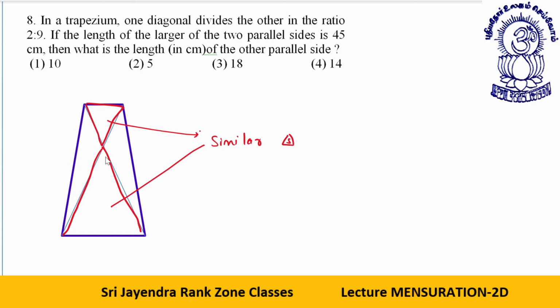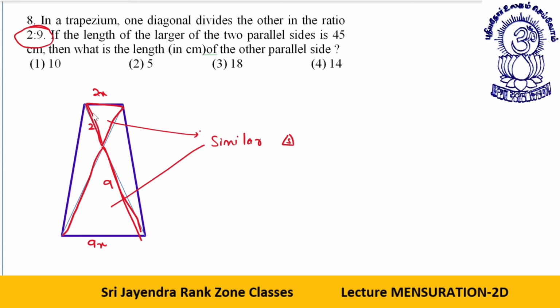Let's say this diagonal divides this diagonal in the ratio 2 is to 9. So the corresponding sides are in the ratio 2 is to 9. Therefore these will also be 2x and 9x. Getting it, dear friend? These two triangles are similar. If the ratio of these sides is 2 is to 9, then these sides will also be in the ratio 2 is to 9.